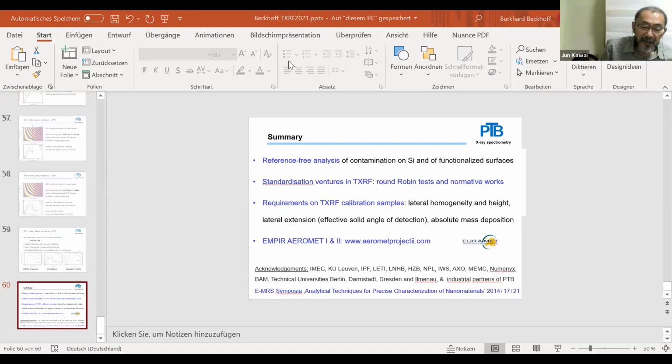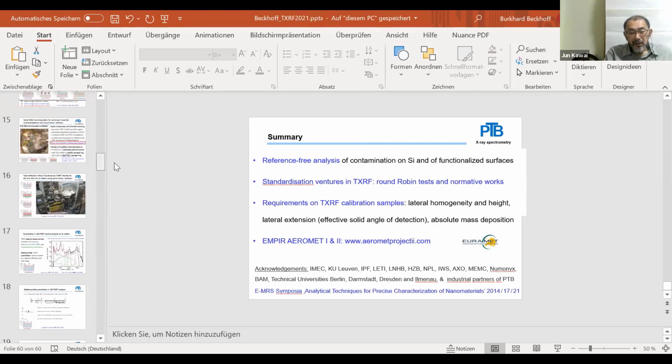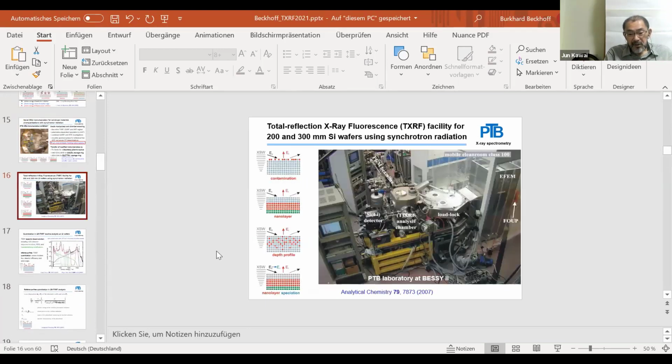Okay, I have a question. So Burkhard, you have shown a beamline photo, maybe on the first, second, or third slide of your talk. And in that slide, you show a silicon lithium detector there. And also you are talking about the SDD detector. Yes, this photo.